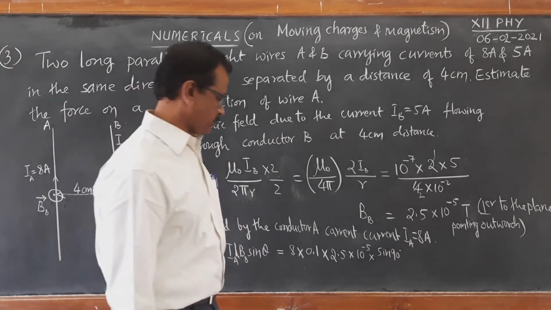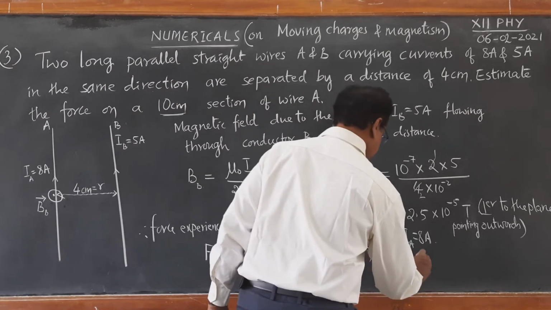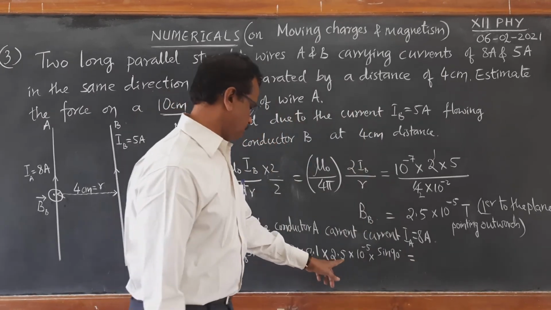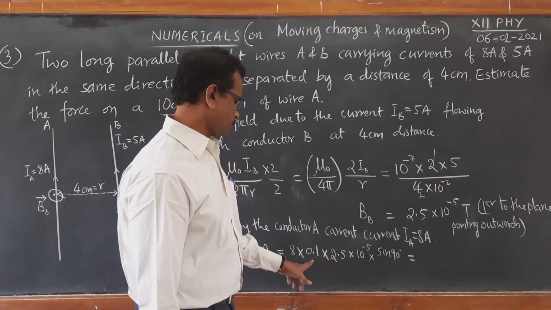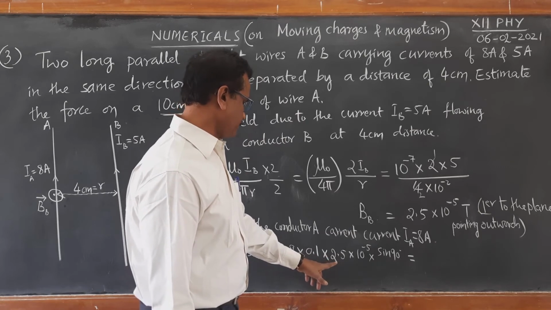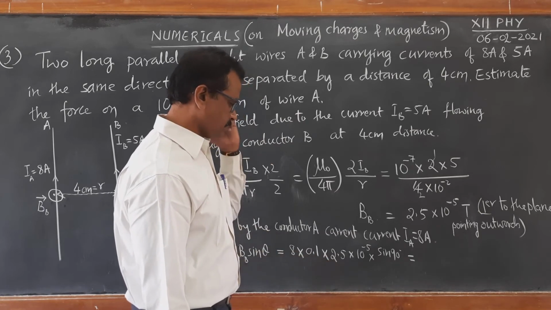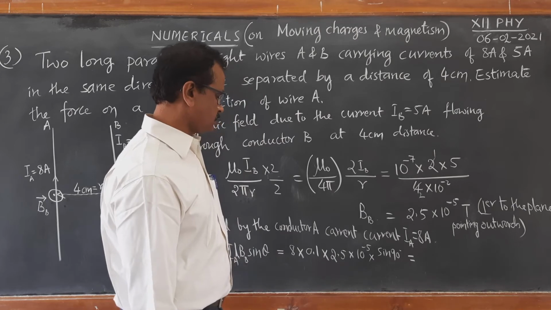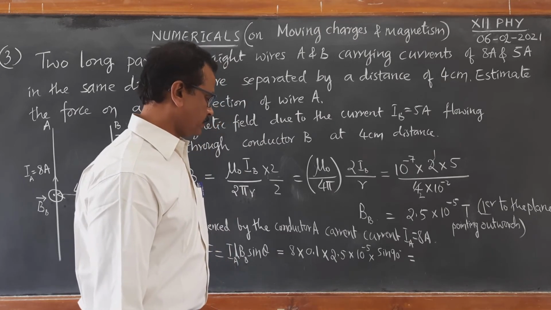Sine 90 is 1. Therefore, you can calculate 2.5 into 8. So it becomes 20.